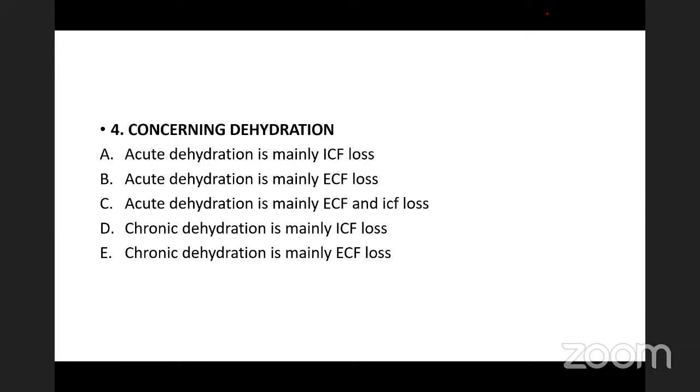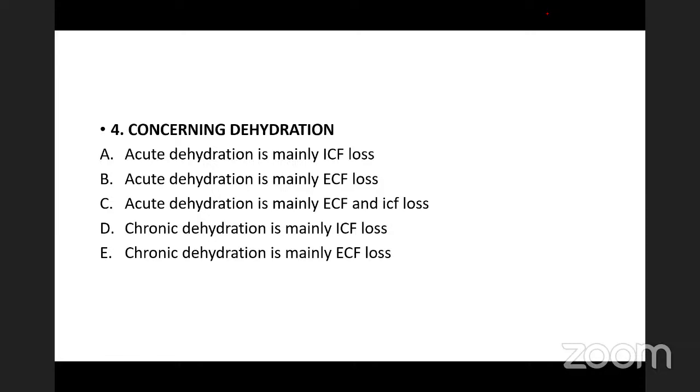But when that patient is having chronic dehydration, like from gastric outlet obstruction, the loss is from both the ECF and the ICF. Okay, now this is very important in a surgical patient: ECF, acute and chronic dehydration.